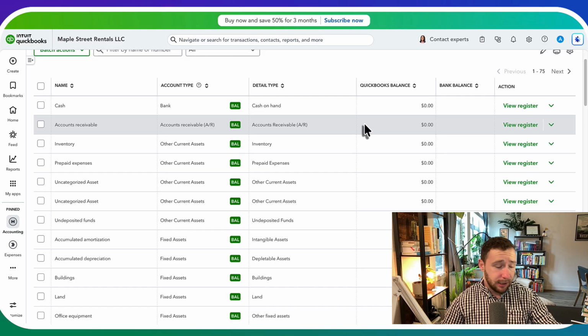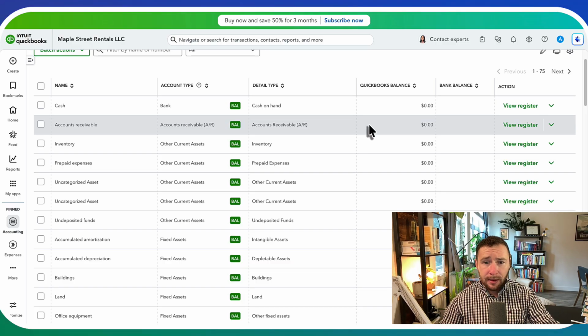This is going to be a total of all of your open invoices, basically money owed to you by customers or clients or tenants that haven't been paid yet. And they're a kind of asset. They'll show up on the balance sheet. This is going to be tied to your invoices.